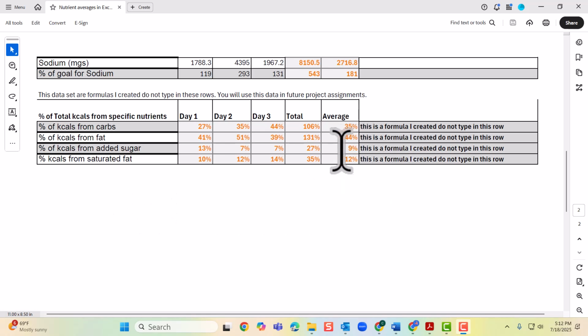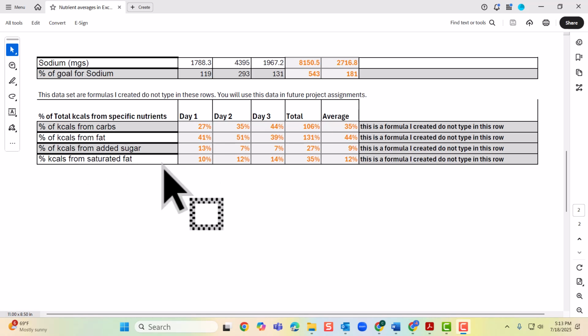Although 10% or less, this is 9, this person is within the recommended guidelines, it is still kind of high. So if I was a student, I would analyze it and note that yes, I am less than the 10%, but why not go for the World Health Organization's recommendations, which is less than 5%? So there is room for improvement in this person's diet.